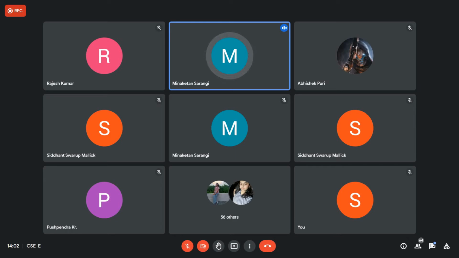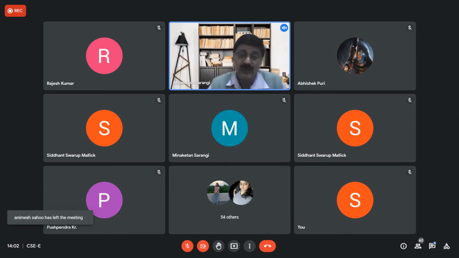So, yesterday we discussed the time value of money. We discussed how money has value over different time periods, and money has a value over different time periods because money has purchasing power, and also money has earning power.